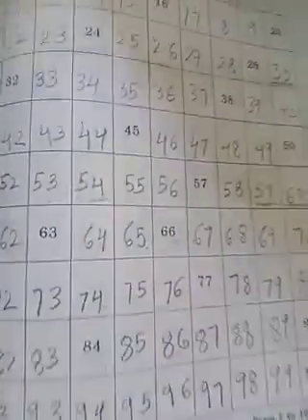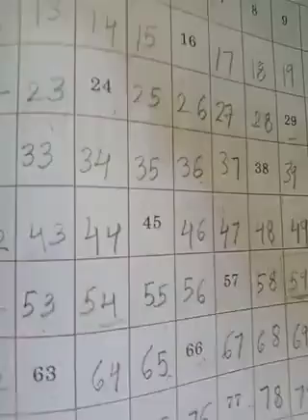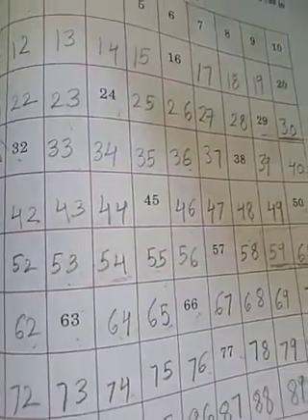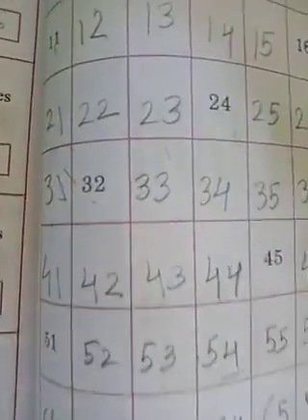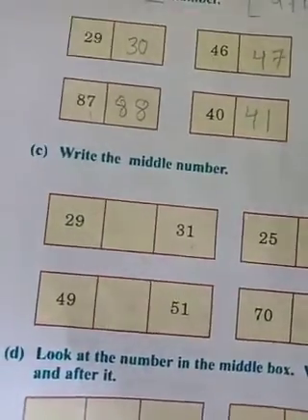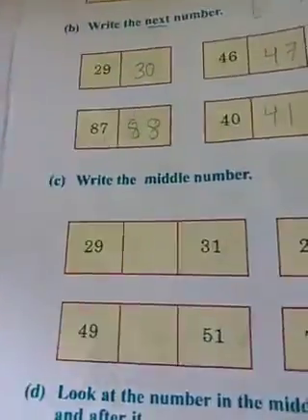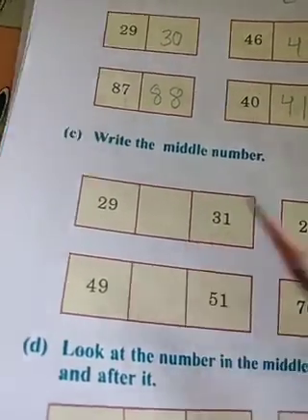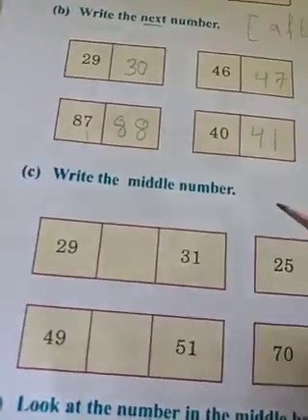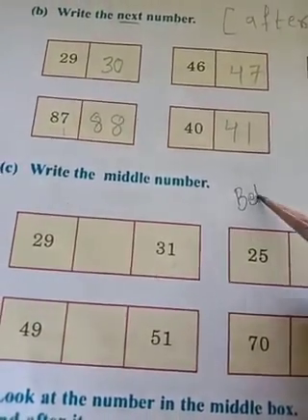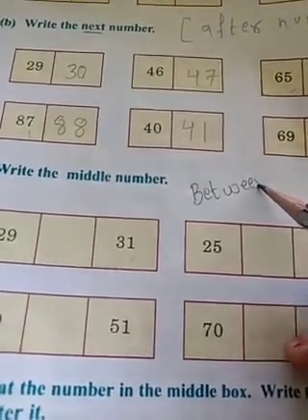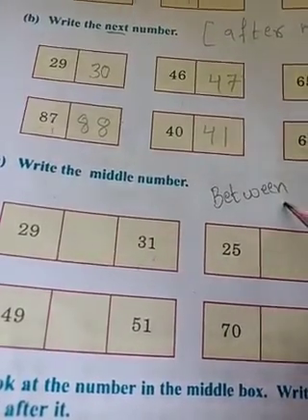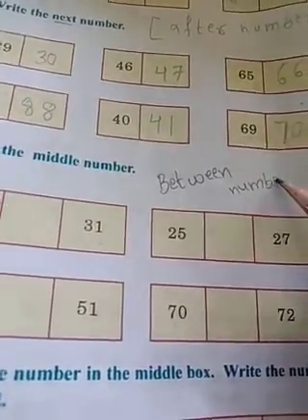See children, in page number 113 too, we already wrote numbers 1 to 100. So here, what question is it asking, children? 29 and 31, between number is what? Middle number means between number.